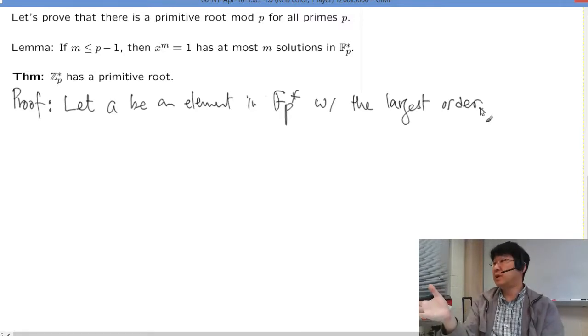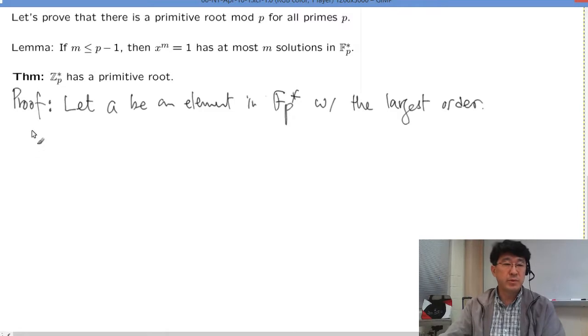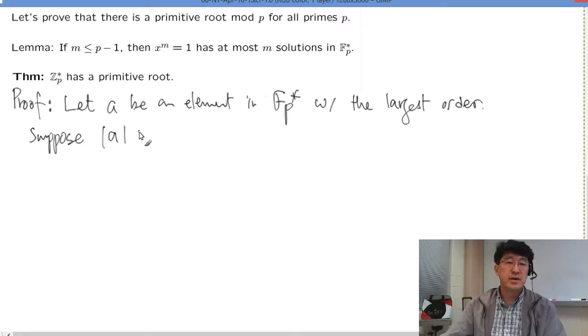We want this to be p minus 1, the largest order you can have inside F_p star. So what do we suppose? The order of this one is, let's say, n, and n is less than p minus 1.